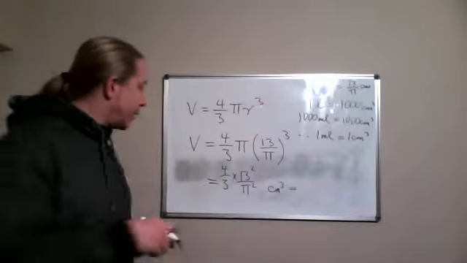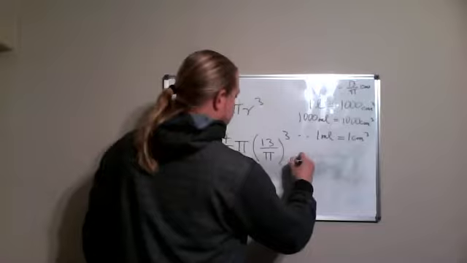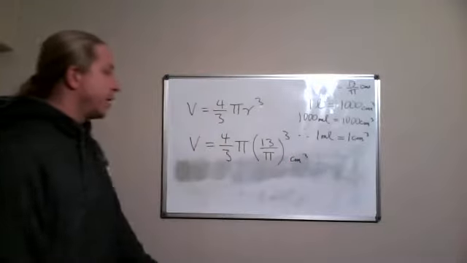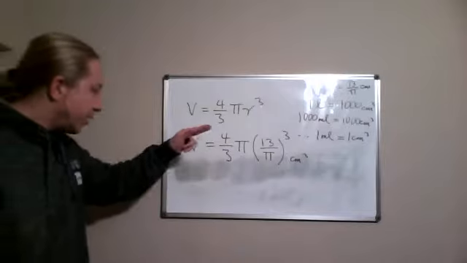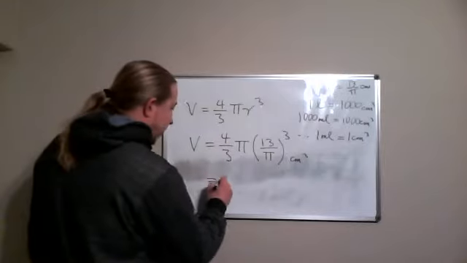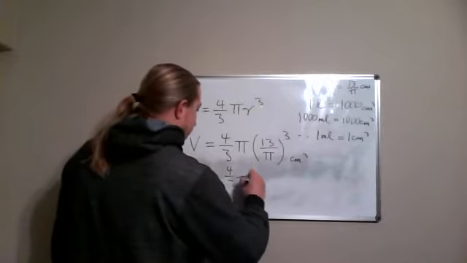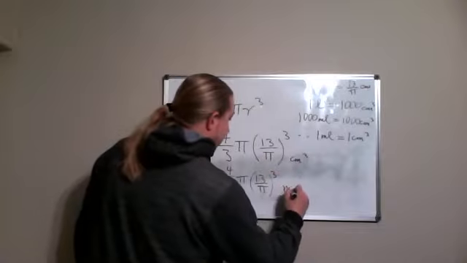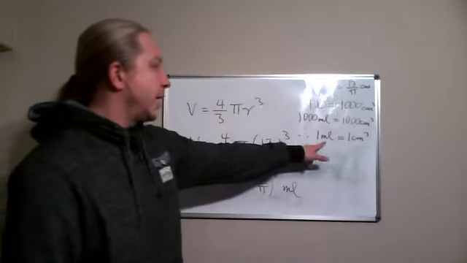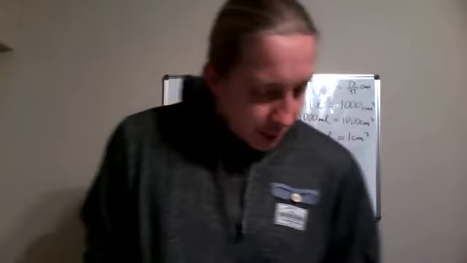Actually, I'm going to rub this out. I don't like it, so we'll leave this as centimeters cubed. You work this out and you have an answer, and then we say it equals the same answer, 4 over 3 pi into 13 over pi cubed milliliters, because 1 milliliter equals 1 centimeter cubed. So that is 1.4.